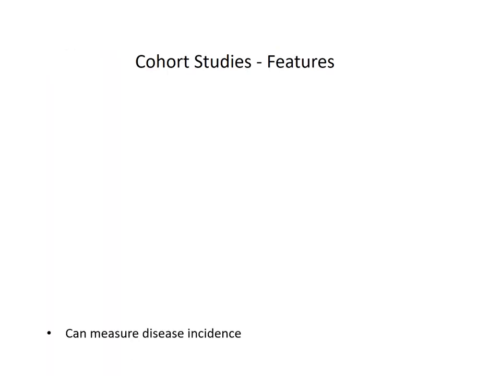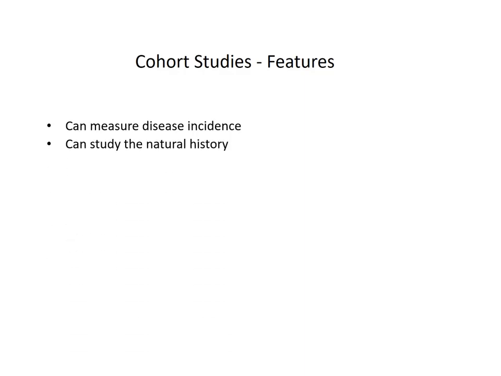Cohort study features. They can measure disease incidence, as we said. They can study the natural history of disease. If we go back to the Framingham study, they really studied the natural history of disease, how patients with a high-fat diet will develop coronary heart disease, how patients with a high salt diet will end up with hypertension, and like that.